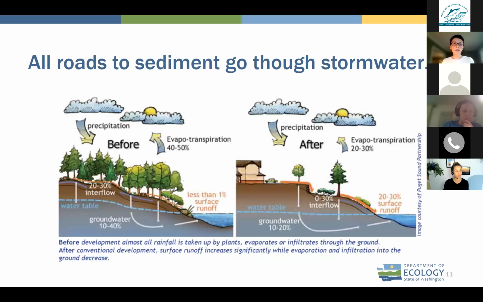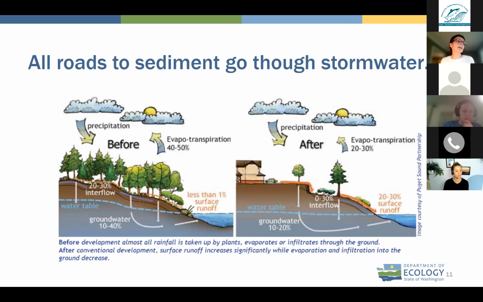What you see here is an overall representation of what happens to in-stream flows when development is introduced in a watershed. You've probably seen this picture tons of times before, but I wanted to remind you of what happens when you change a watershed from forested conditions to development.